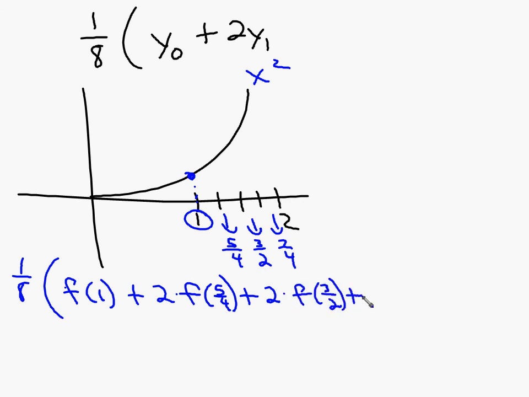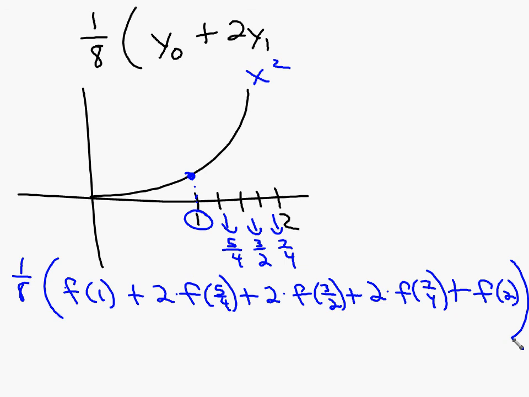Plus 2 times f of 7/4. Plus, the last one I don't have to multiply by 2. It's just f of 2. And that is the long form of doing the trapezoidal rule. That is what your calculator will do, but we also have to have an understanding of using the trapezoidal rule formula, as we will see on some AP exam questions.